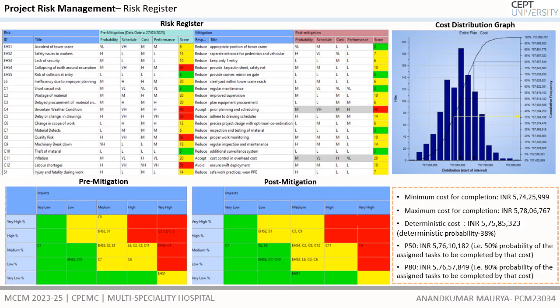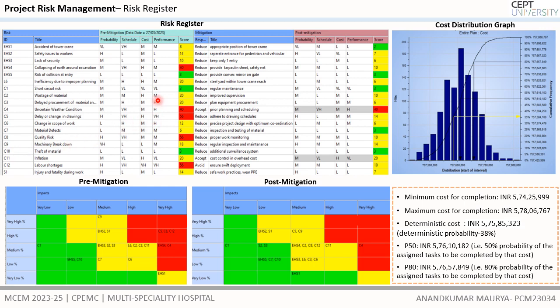Project risk management helps in identifying the risks related to the project and gives the project manager an idea of the status of the project regarding its completion, duration, and cost. Following are the 22 risks identified related to EHS risk, construction risk, and site layout risk, which include wastage of material, short circuit risk, change in scope of work, and quality risk.